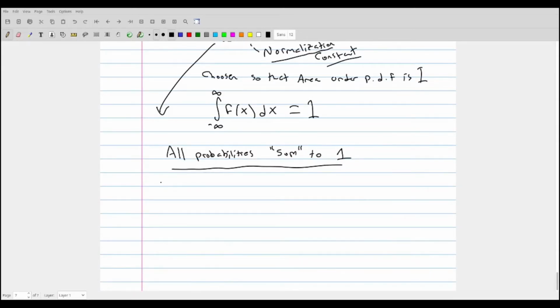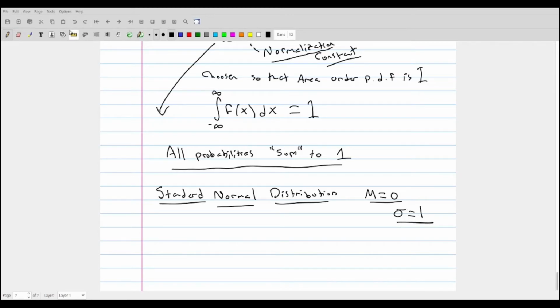The standard normal distribution is a normal distribution with mu equal to 0, so a mean of 0, centered at 0, and a standard deviation of 1.